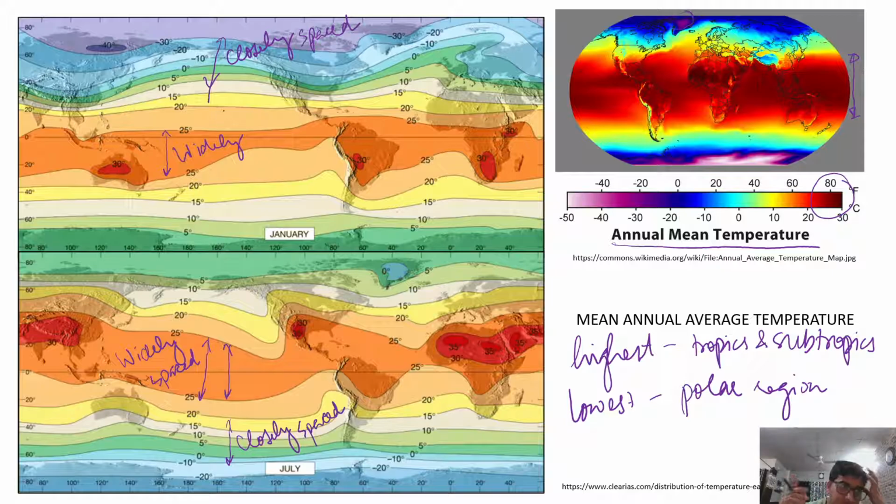Okay. Now, another important thing over here is, if you see carefully, as these isotherms pass from the continental part towards the ocean, they do not remain straight. They get distorted. Why?